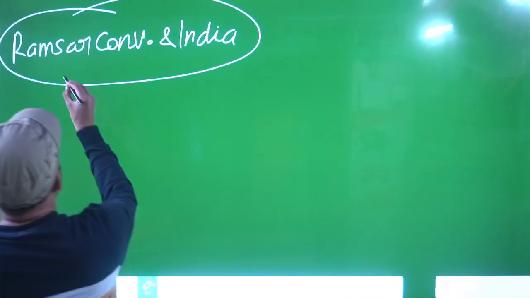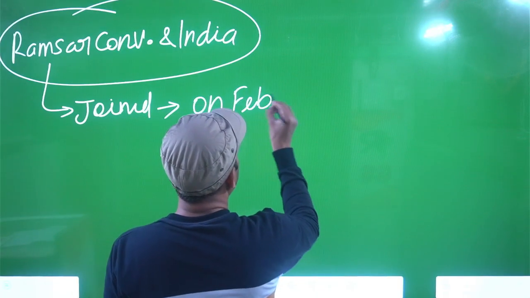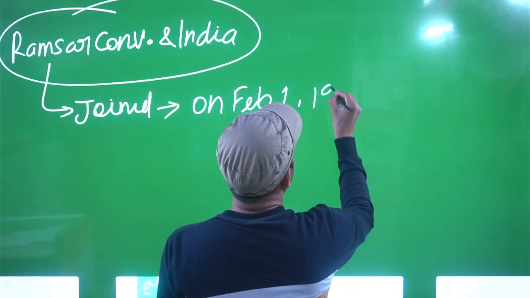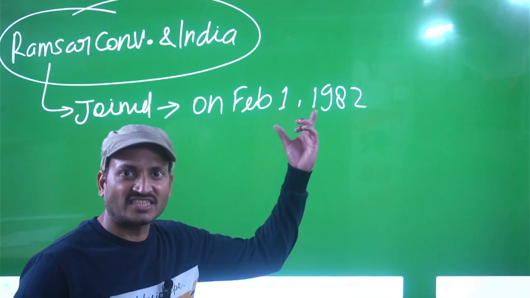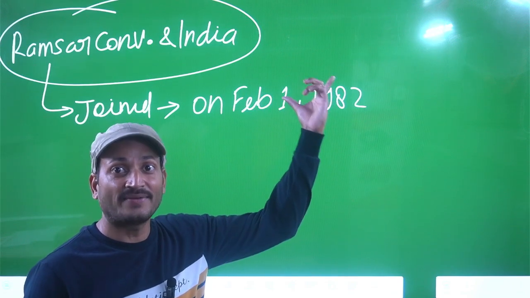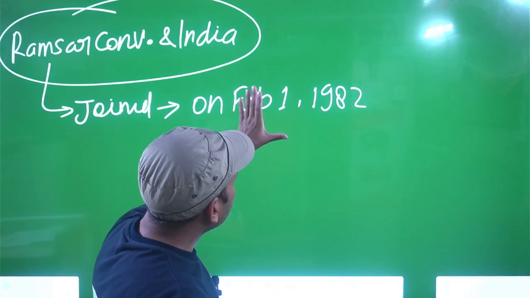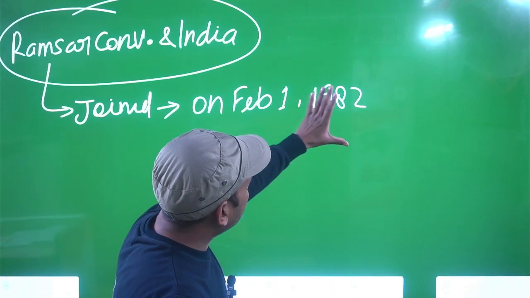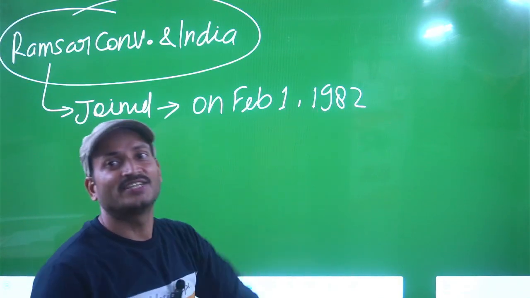India joined this convention on February 1, 1982. This convention was reached on February 2 in 1972, but India joined it after almost 11 years, on February 1, 1982.